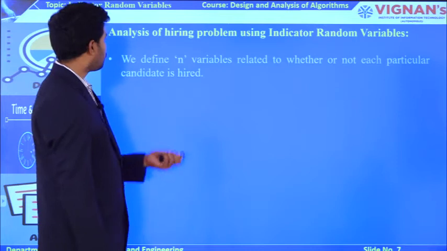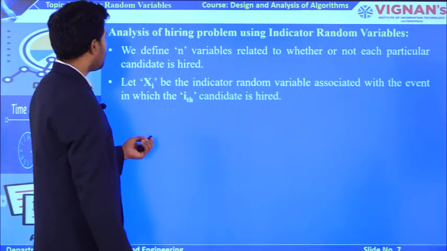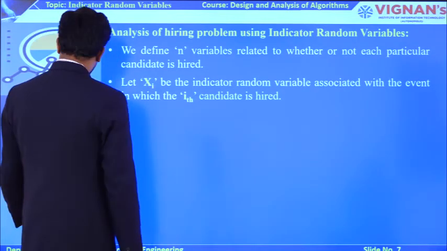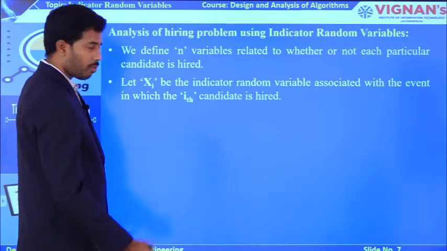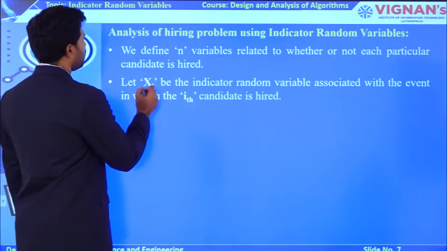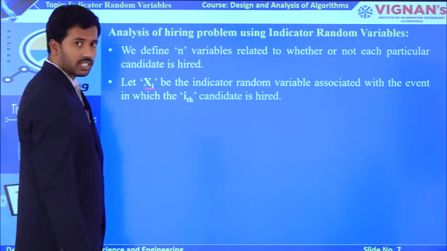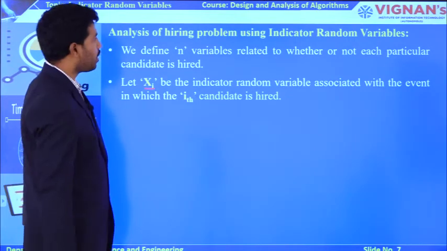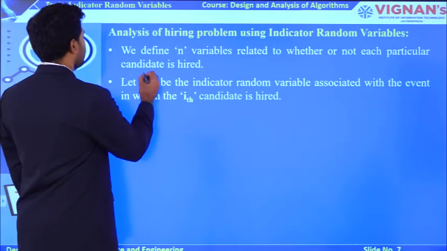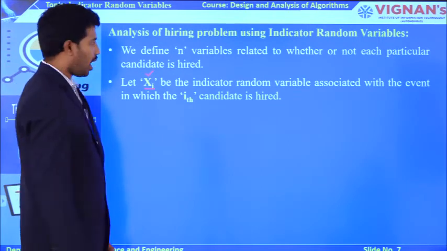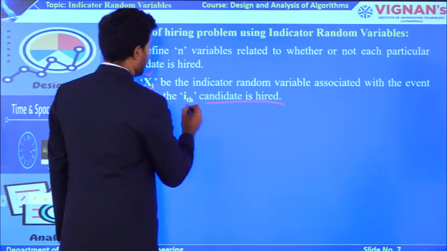Okay. So as I said previously, now you try to focus on this hiring problem. The event is going to be indicated by X suffix i, the indicator random variable. What this event X_i is telling is to hire candidate i.